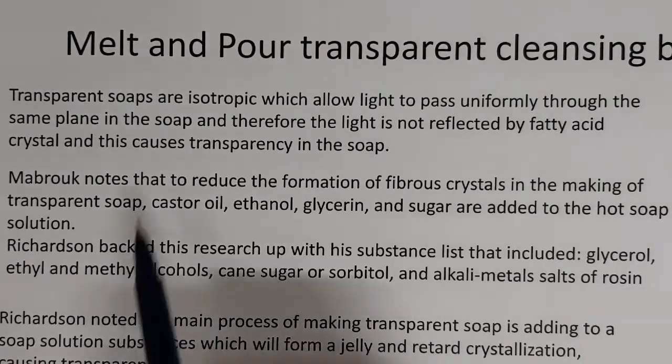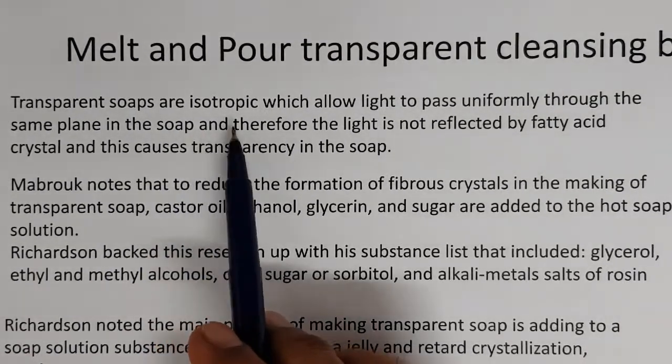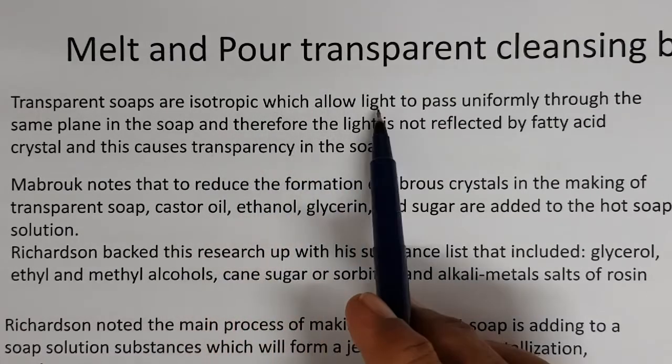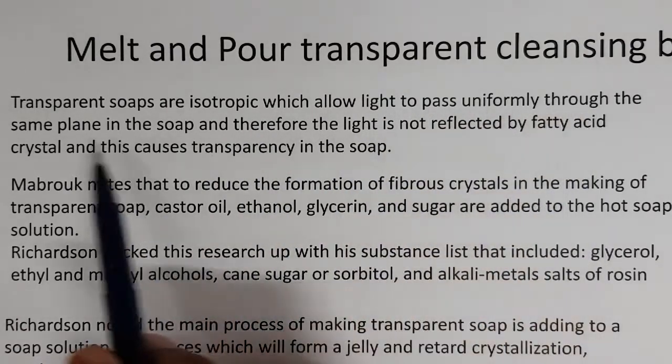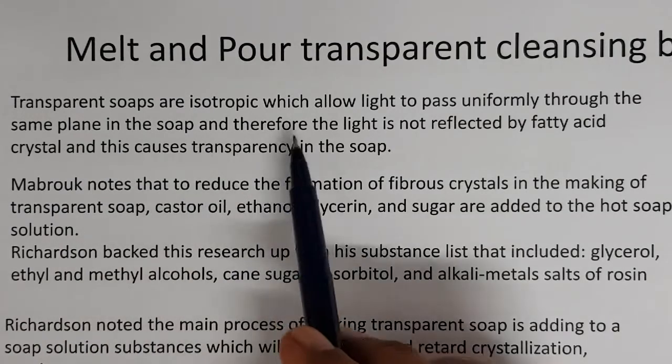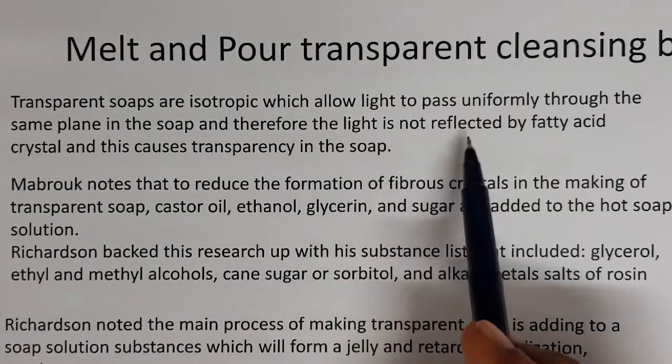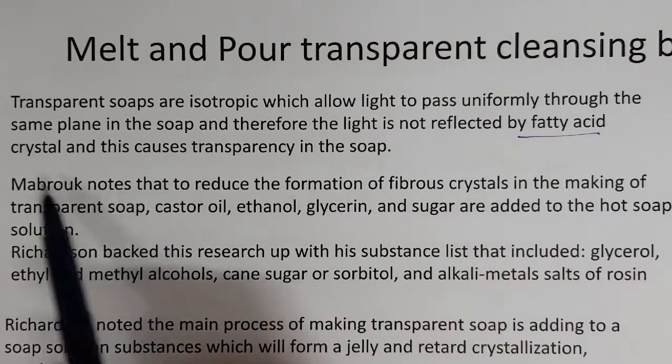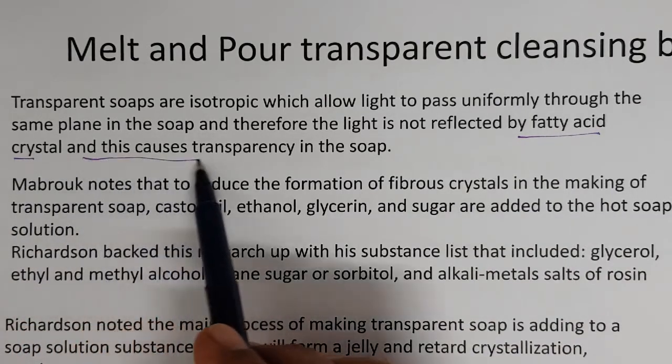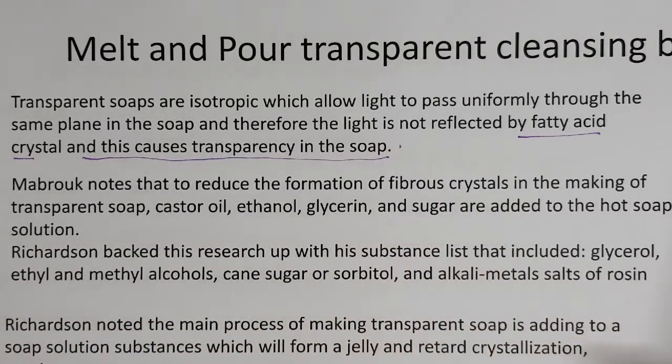Transparent soaps are isotropic, which allows light to pass uniformly through the same plane in the soap, and therefore the light is not reflected by fatty acid crystals, and this causes transparency in soap.